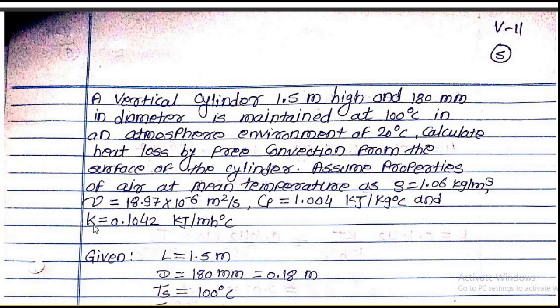Here the thermal conductivity is given in kilojoule per meter hour degree Celsius, so we have to convert it into watt per meter degree Celsius for simplicity of calculation. These are the properties of air. They are mentioned in the problem itself, so we need not go to the property table.